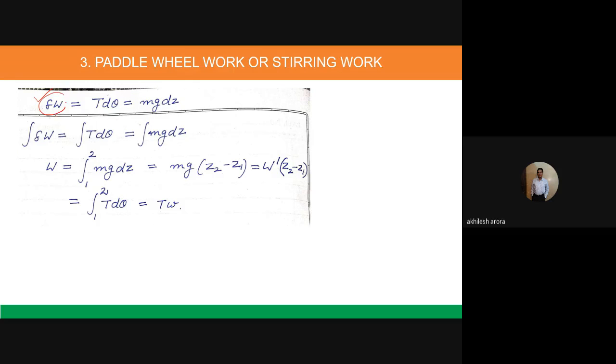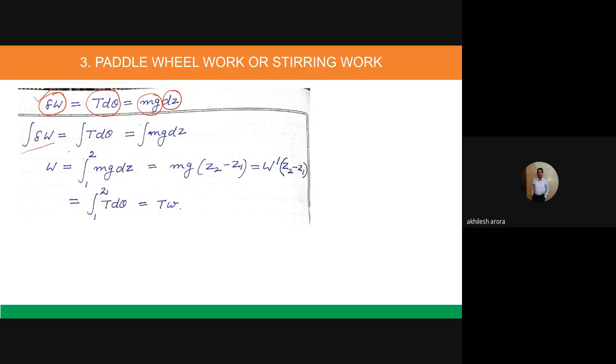Now this delta W is work. It is equal to T into d theta, and this will be equal to m into g into dz, which is basically the decrease in the potential energy. So I can integrate this equation.